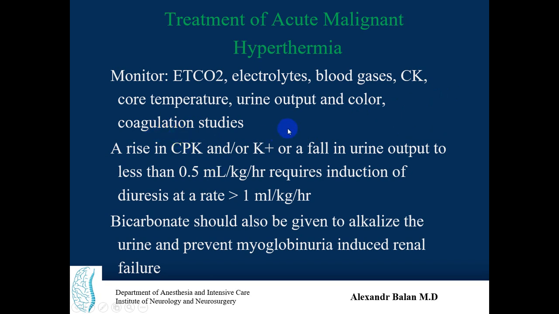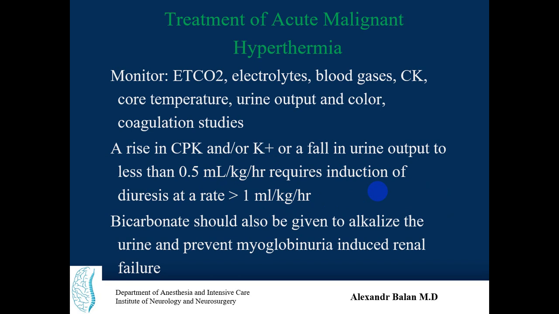Coagulation studies to rule out disseminated intravascular coagulation. A rise in creatinine phosphokinase and/or increased potassium, or a fall in urine output, oliguria or anuria to less than 0.5 milliliter per kilogram per hour, requires induction of diuresis at a rate of more than 1 milliliter per kilogram per hour, which is normal diuresis, and you are measuring this.